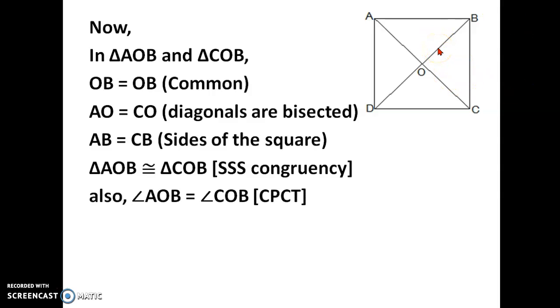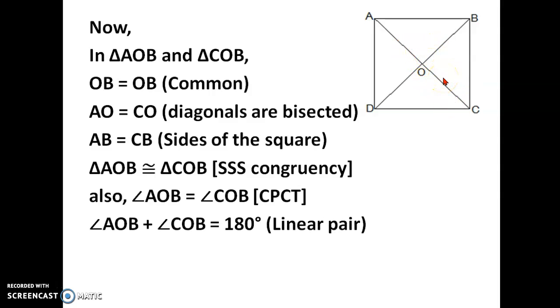So if it is congruent, we can say that angle AOB and angle COB are equal. Why? Because corresponding parts of congruent triangles are equal. But we don't know how much the angle is. So for that we are taking these two as a linear pair, and the linear pair addition is equal to 180 degree.